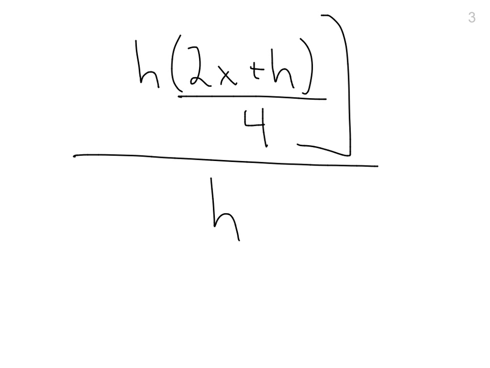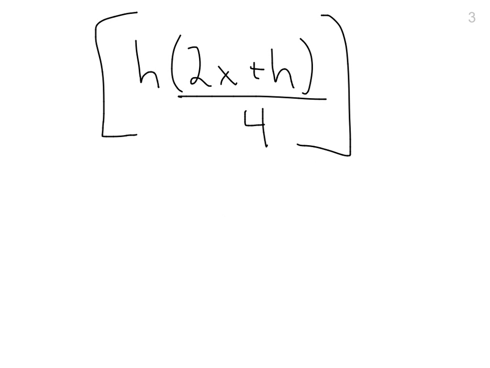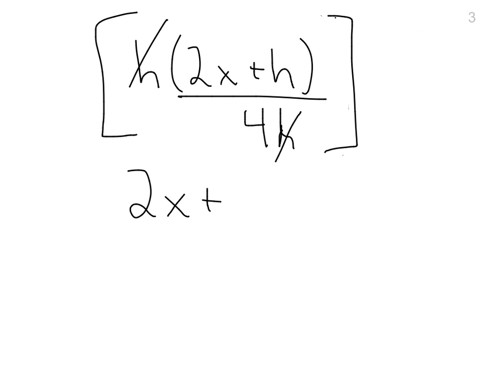So dividing by h is equivalent to multiplying by 1 over h, which means we can bring that h inside. So I'm going to rewrite that: 4h. Now that h cancels with that, and we've got 2x plus h over 4.